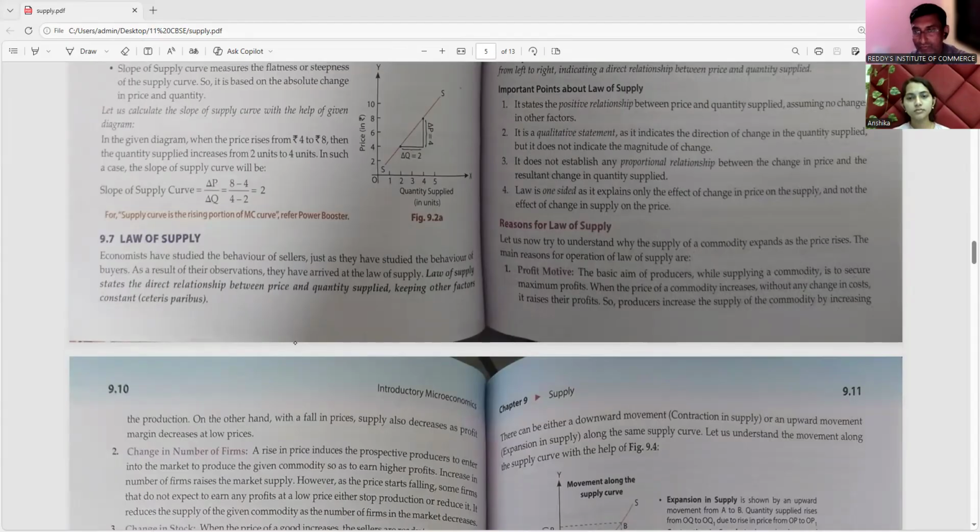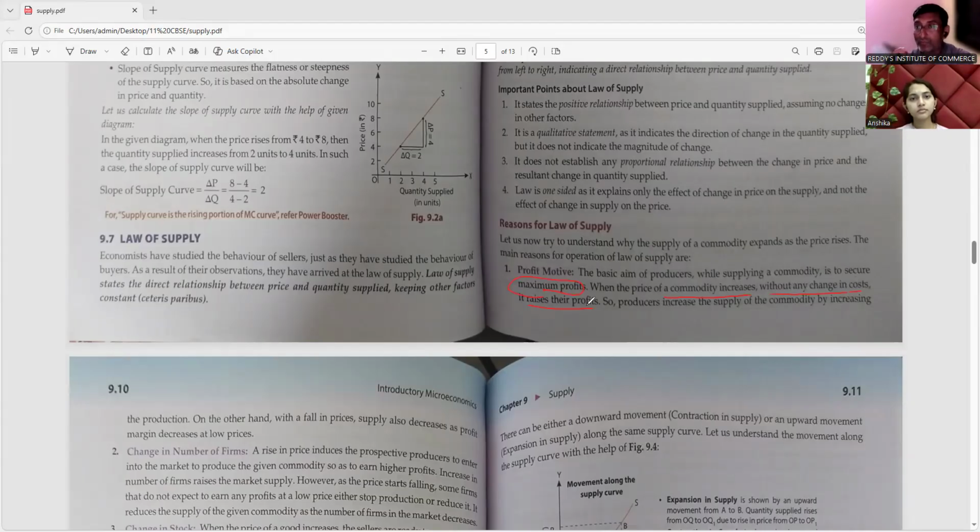The basic aim of producers supplying a commodity is to secure maximum profitability. When the price of a commodity increases without any change in cost, obviously it increases the profit of the company. All other factors remain constant, but if the producer increases the price of the commodity, it means the producer is getting maximum profitability.